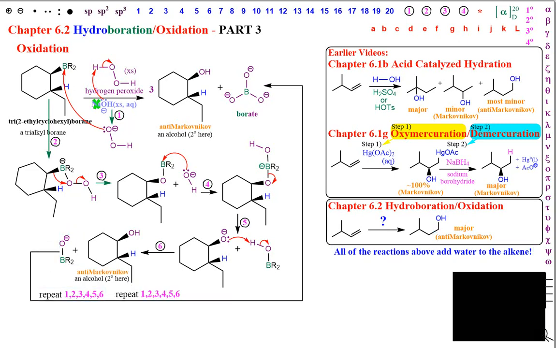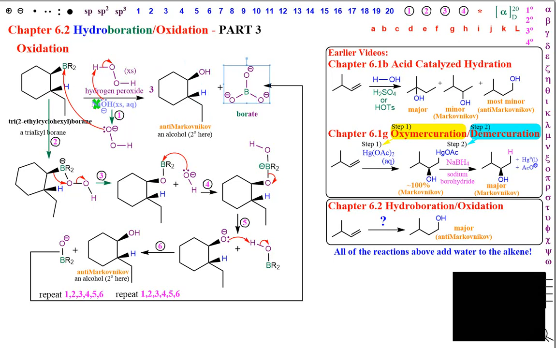So upon repeating steps 1, 2, 3, 4, 5, 6, in this case it will go even faster because this boron has a bond to O compared to the original boron, which did not. So the peroxide anion would attack this boron even more quickly than it attacked the first boron. And the reaction would proceed nicely to make 2 more molecules of alcohol and the molecule called borate. So that is the end of the mechanism.